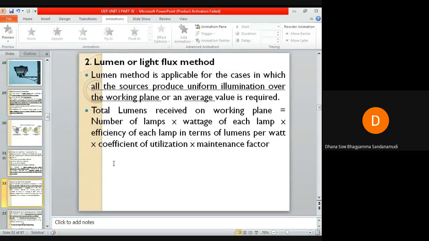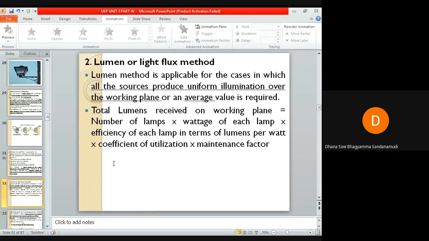Whereas in the next method, that is the lumen or light flux method, whenever we want uniform illumination over a work plane, we will go for the light flux method. We have to calculate the illumination required in a particular work plane, and it can be a room.